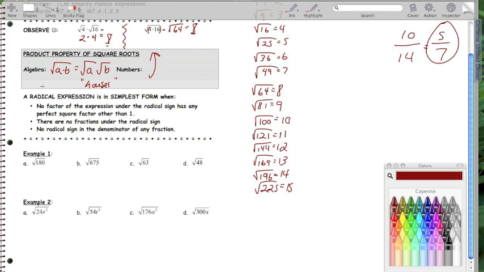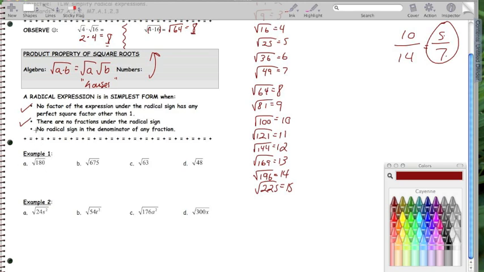Okay, so I know you're probably chomping at the bit to get going. Last thing, it says a radical expression is in simplest form. It's reduced, just like we know this is reduced because nothing goes into 5 and 7 as far as it can go. Here, it's reduced if you have nothing underneath the square root symbol that can be divided. That's what that first concept is saying. There's no fractions under the radical sign or under the square root.